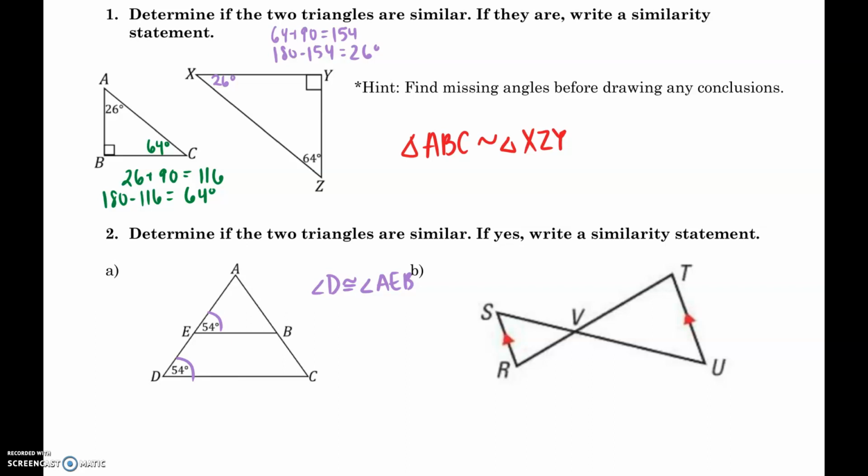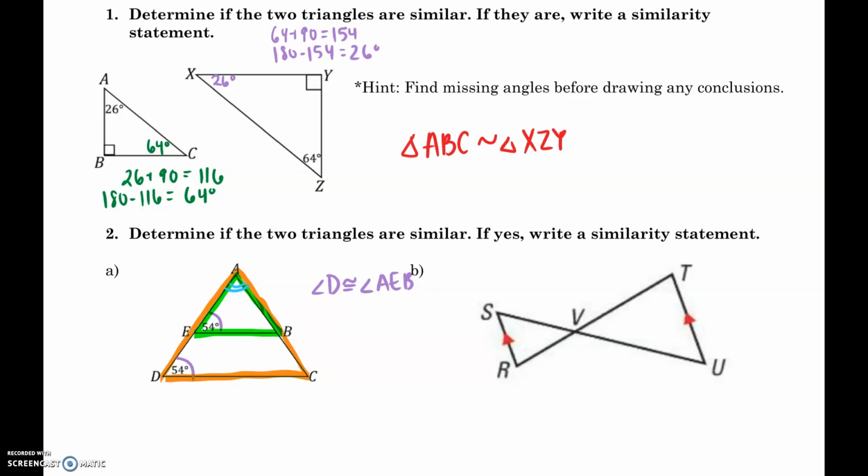If I were to highlight both of my triangles here, I have a green angle A and an orange angle A. So in this case, angle A is overlapping in both triangles. When we have an angle that appears in both triangles, this is going to be the reflexive property.